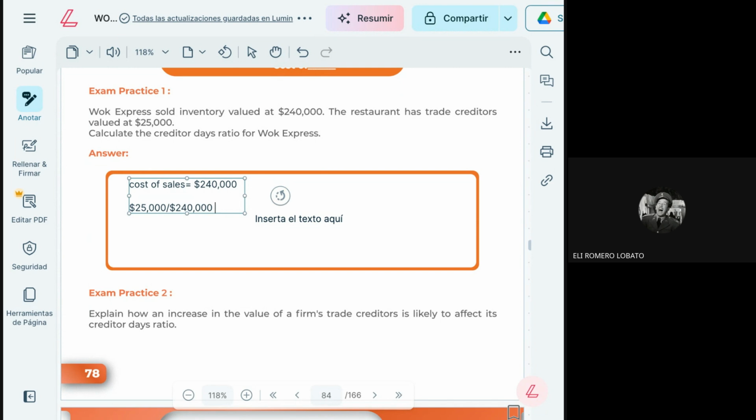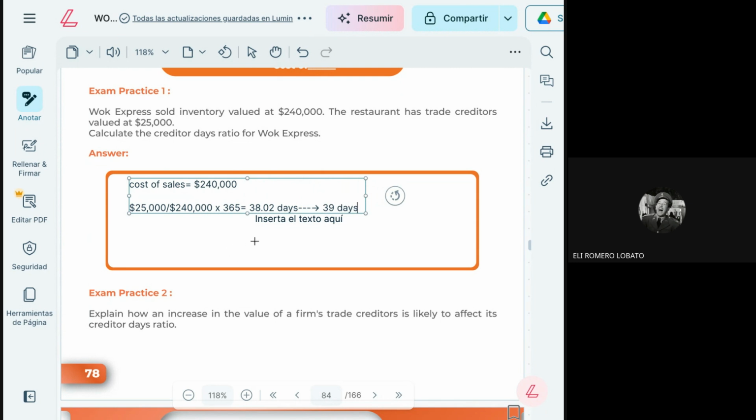After that, times 365 days. Don't forget that. That's why we get at the end 38.02 days, or we mean 39 days.